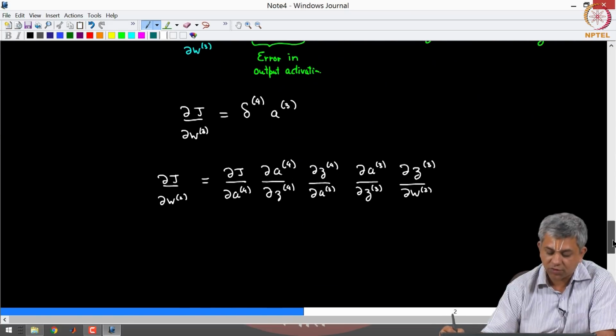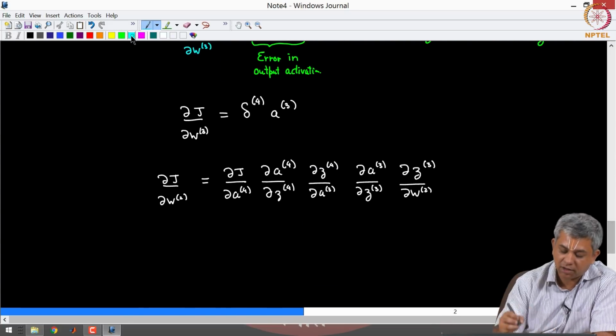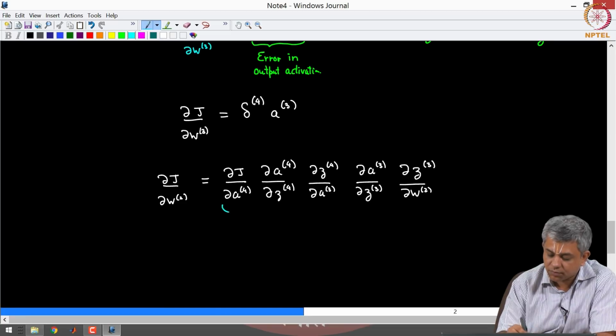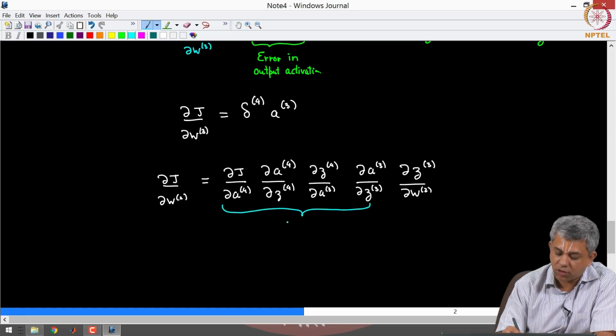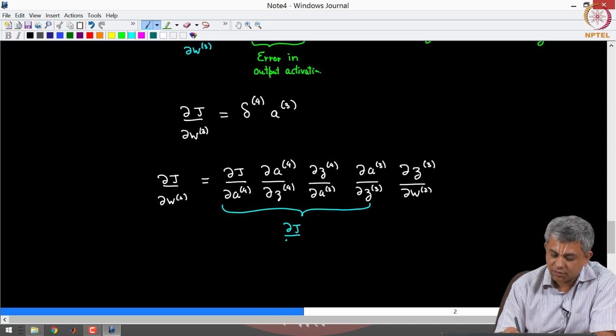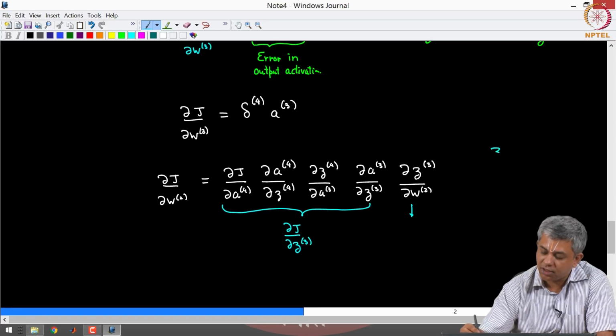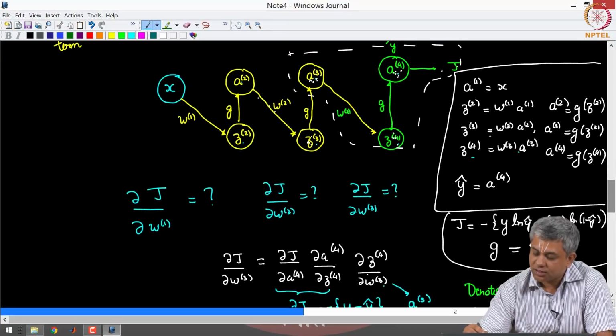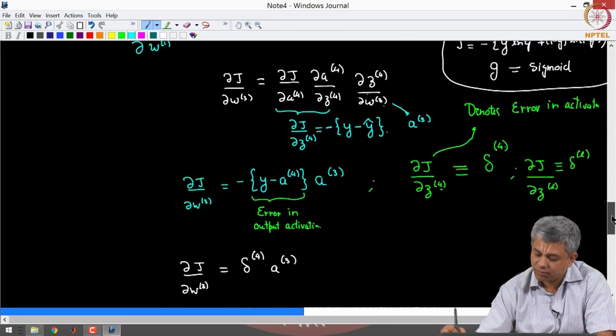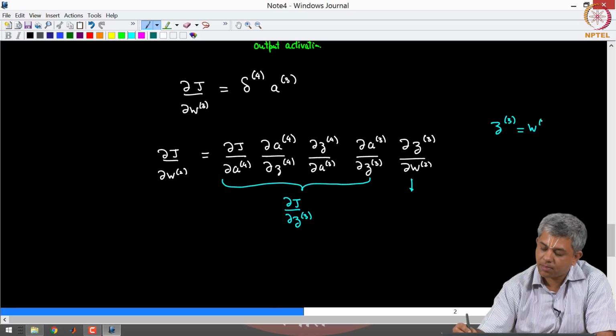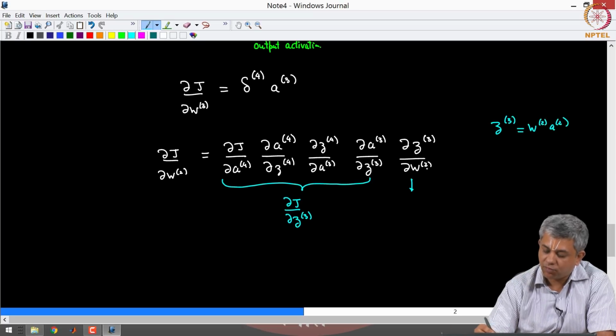Now, this looks very tedious until we notice a certain pattern. You will notice that all this chain is simply del J del Z 3. This term is simple because Z 3 is equal to, let us go back up to our relationships, W 2 A 2. Therefore, del Z 3 del W 2 is simply A 2.